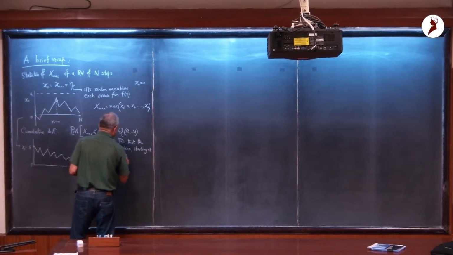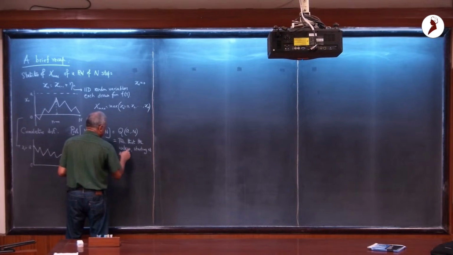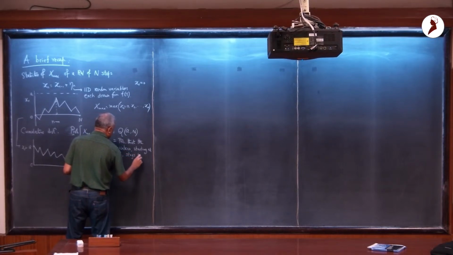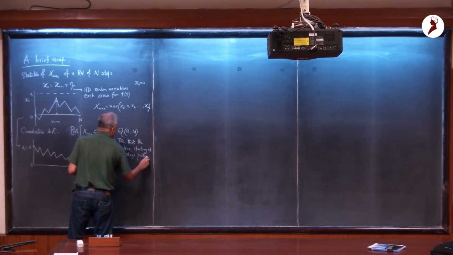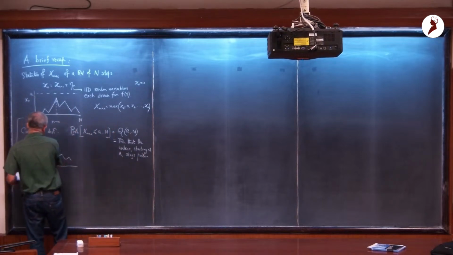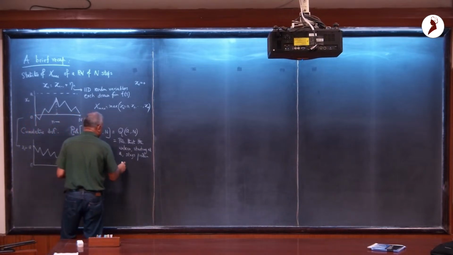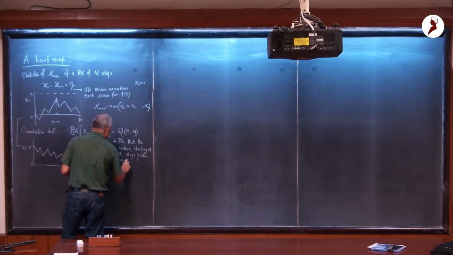Starting at A, the probability that the walker stays positive, because it stays below the level A, which means once I reflect, it just stays positive up to, for simplicity, step n.